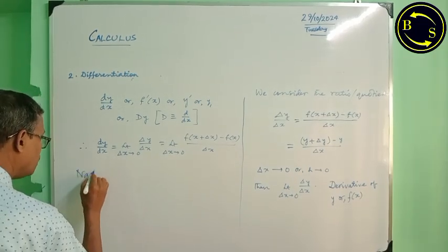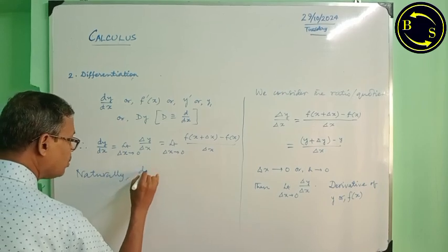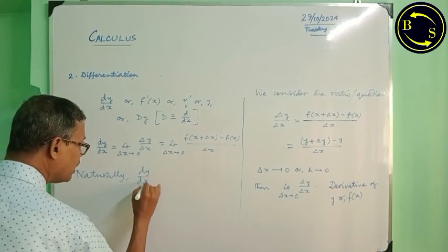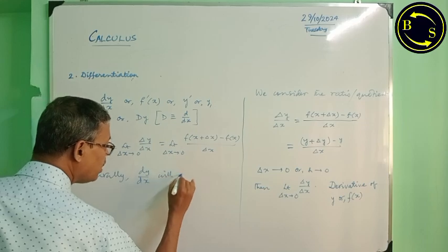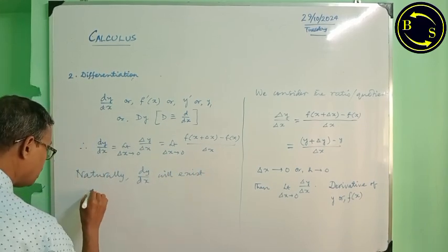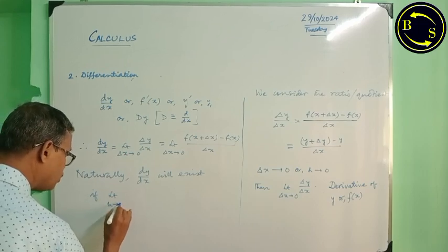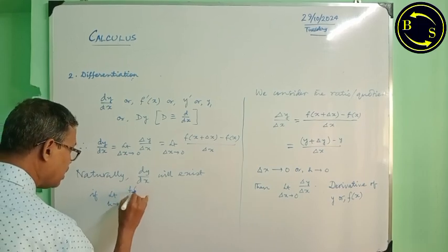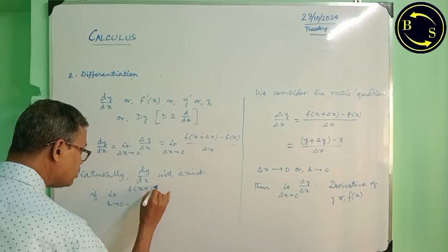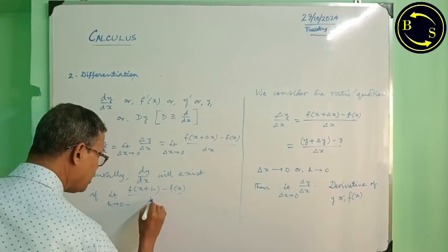Naturally, dy/dx will exist if limit h tends to 0 minus f of x plus h minus f(x) by h.